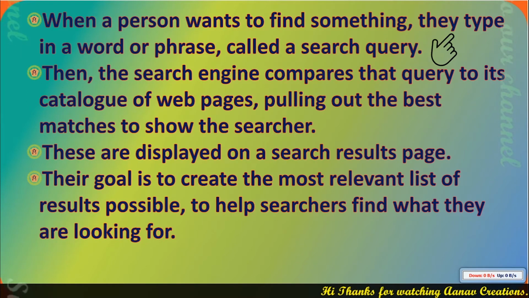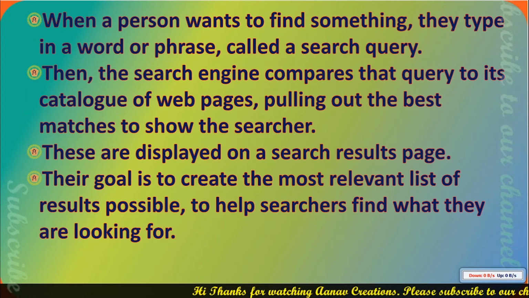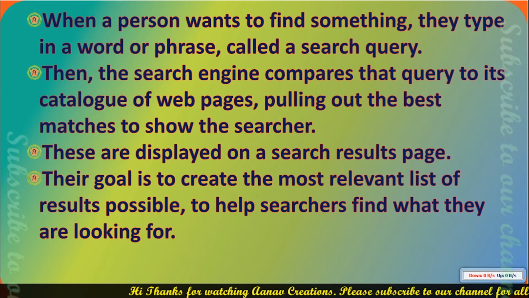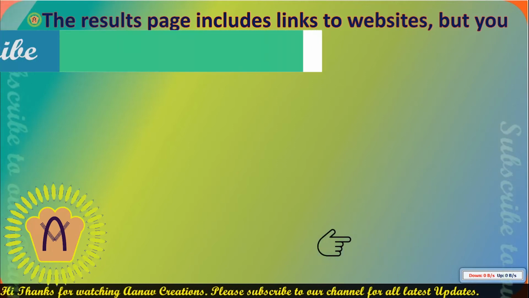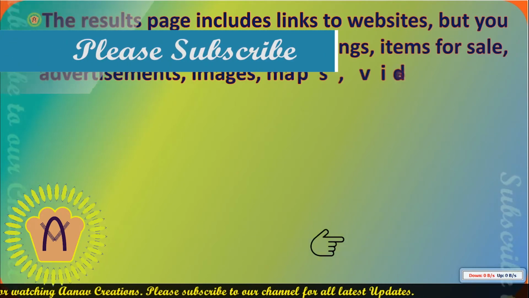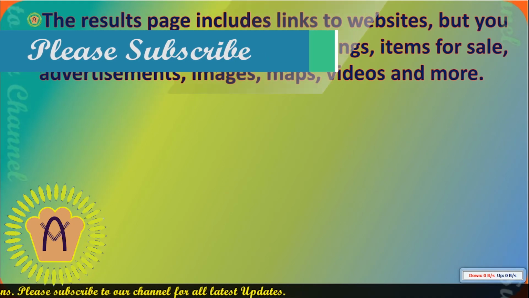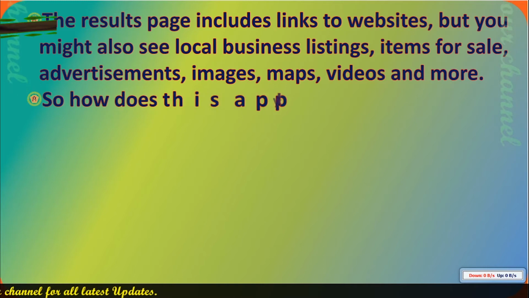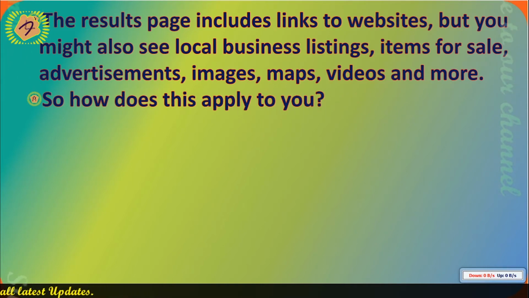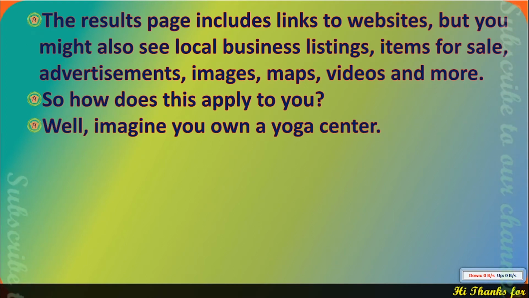Their goal is to create the most relevant list of results possible to help searchers find what they are looking for. The results page includes links to websites, but you might also see local business listings, items for sale, advertisements, images, maps, videos and much more.